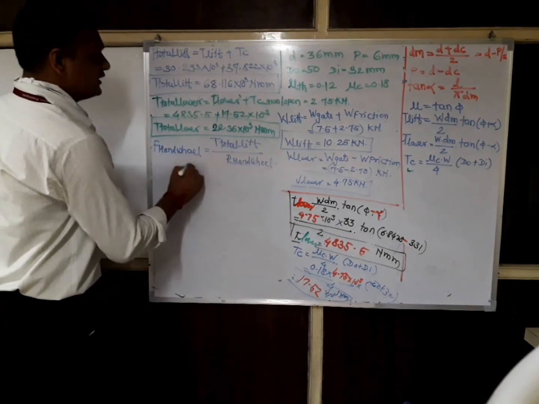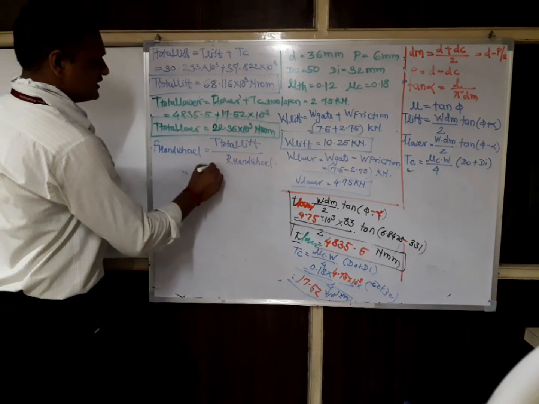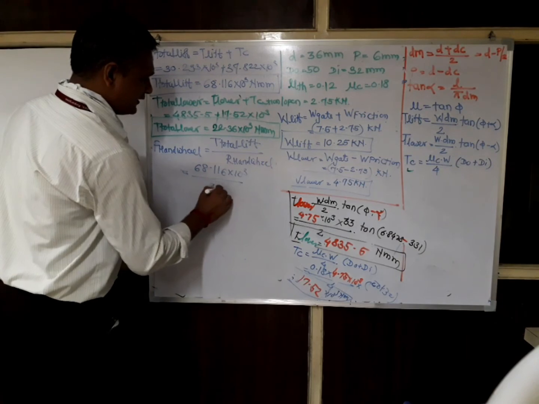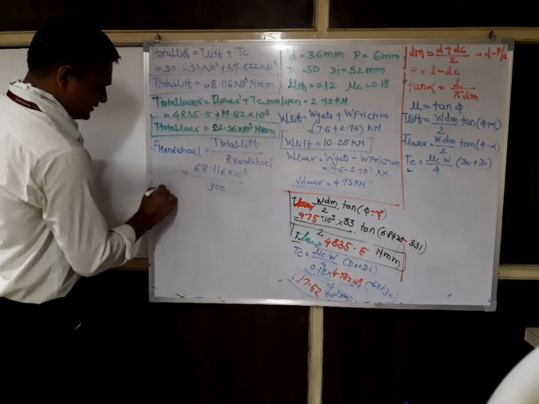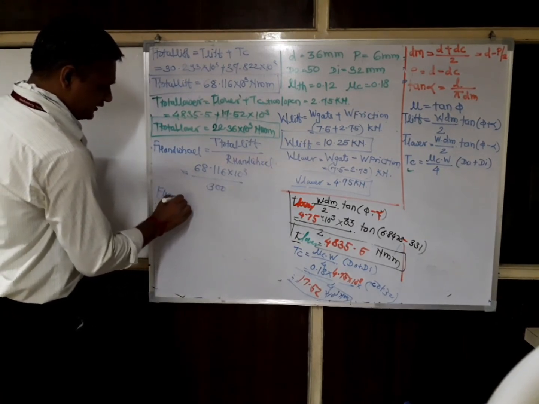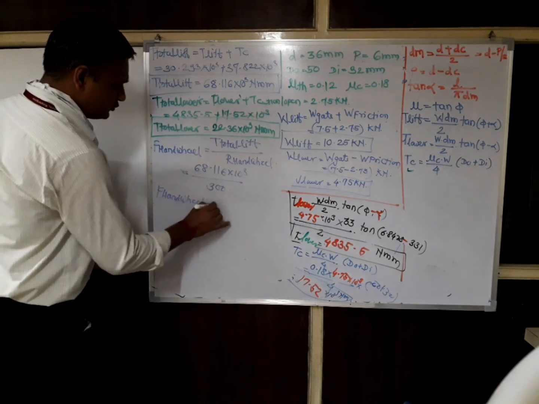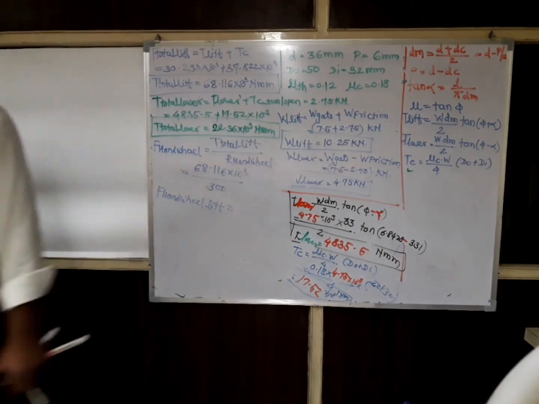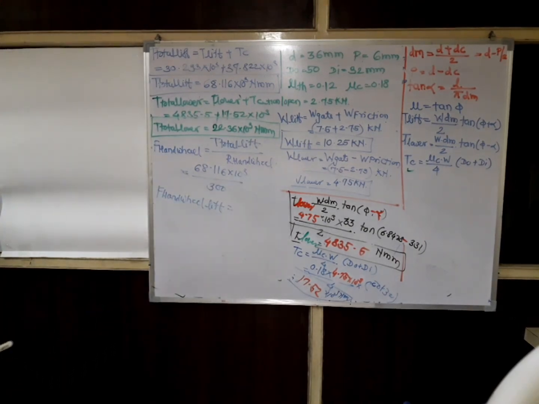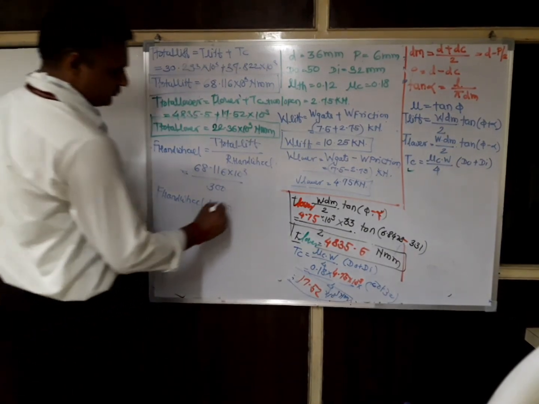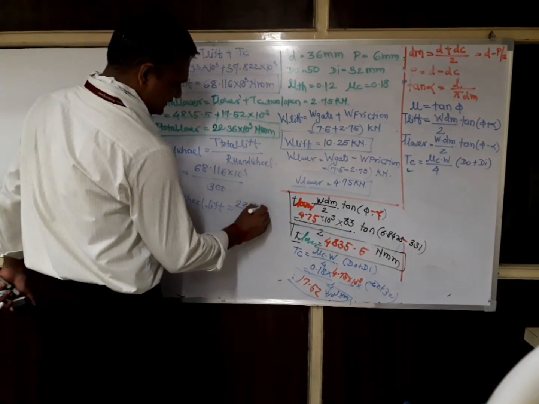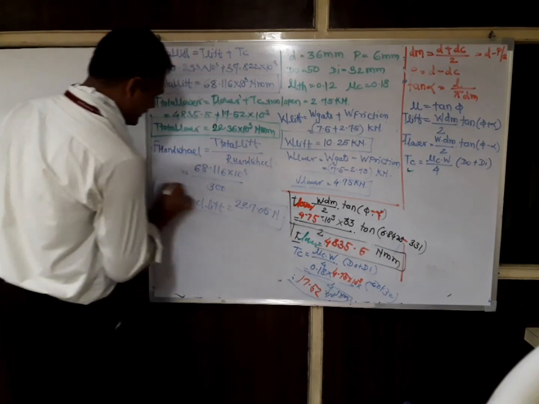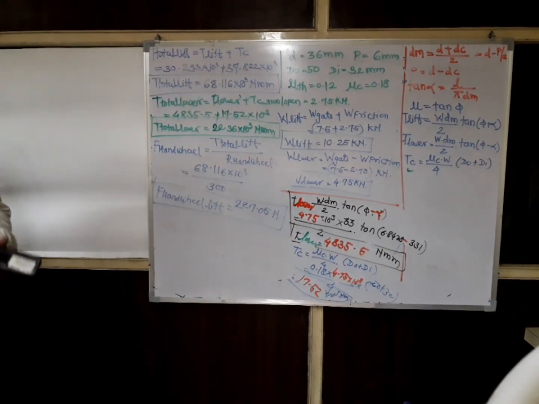Therefore T total lift is equal to 68.116 into 10 raised to 3 divided by the radius of the hand wheel, that is the force required at the end of the hand wheel to lift the load. Calculate this one. 227.05 Newton amount of force is required to lift the load.